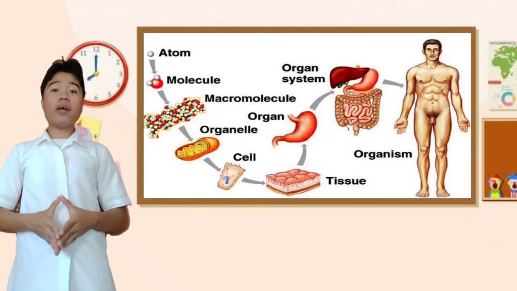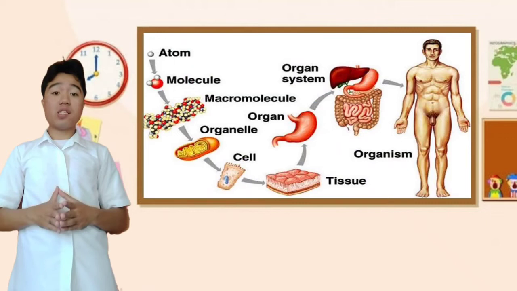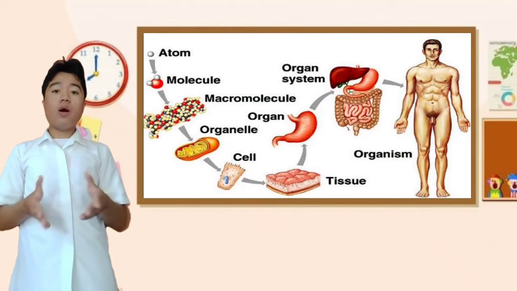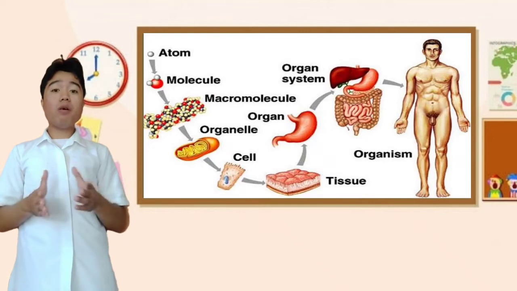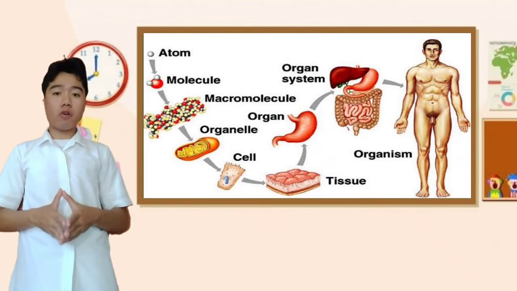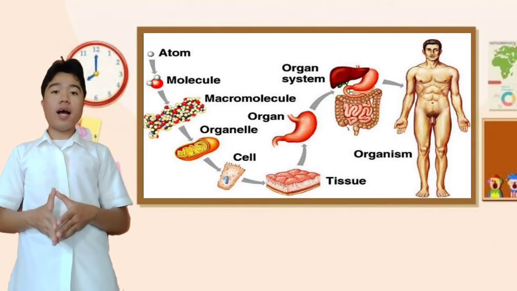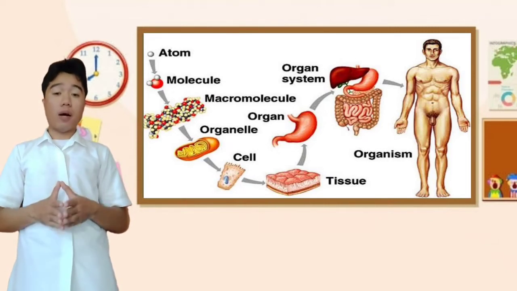Now, let's compare biomolecules with other components of our body. As you can see here, biomolecules are also known as macromolecules or large molecules. A macromolecule is larger than an atom and a molecule and smaller than organelles, cells, organs, and organ systems of our body.